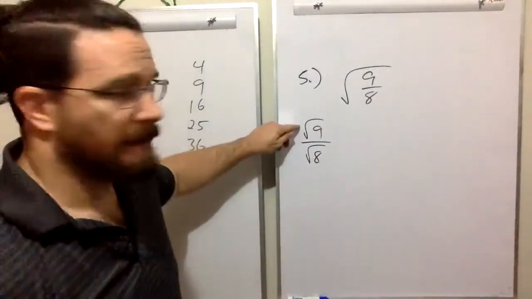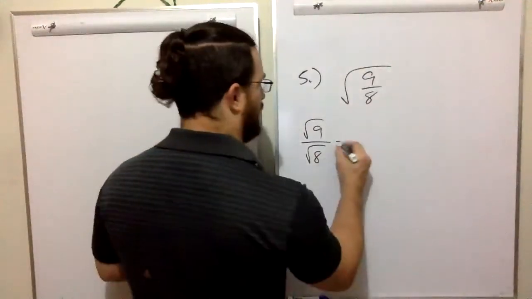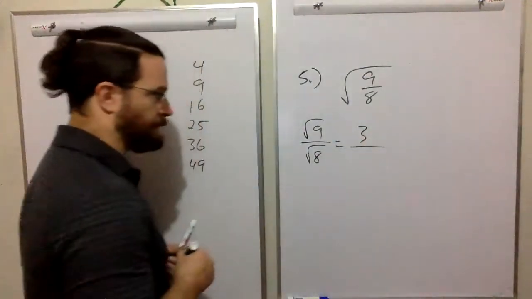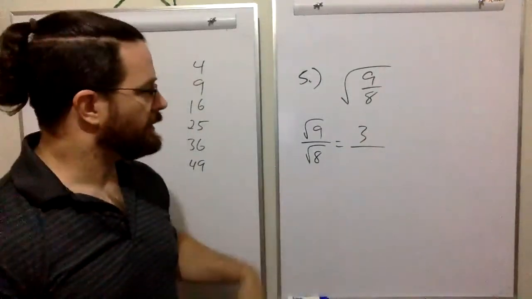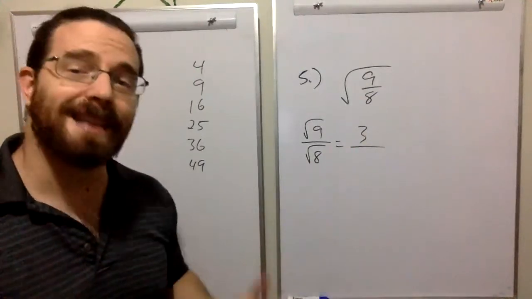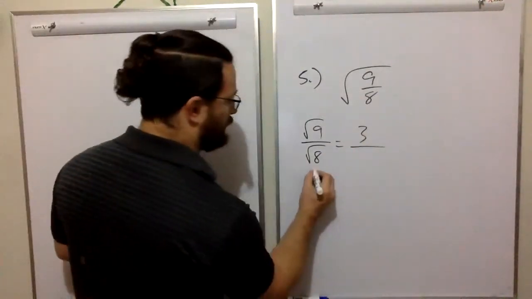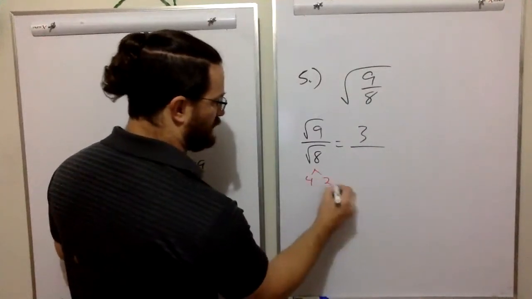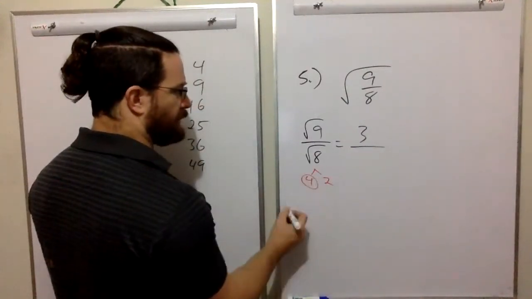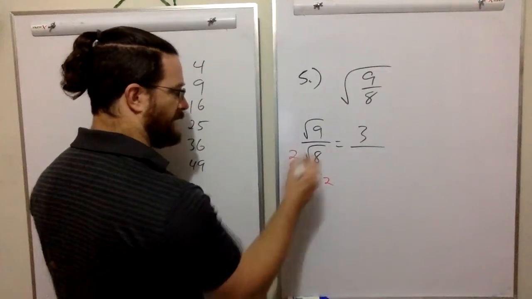On top, square root of 9, that is a perfect square. So the top just becomes 3. On the bottom, 8 isn't a perfect square, but you do have a perfect square inside the 8. So let's take that out. Since this guy here would be 4 times 2, there's my perfect square, and that's going to come out as a 2.